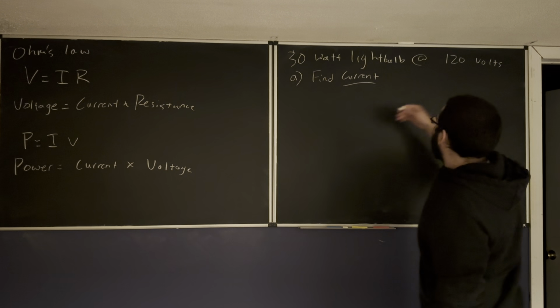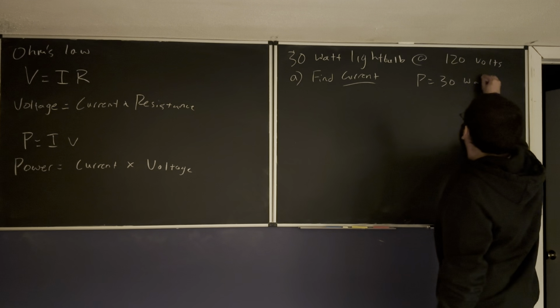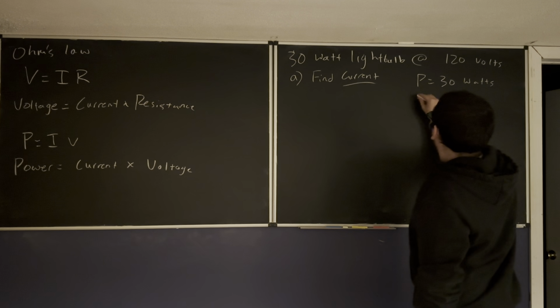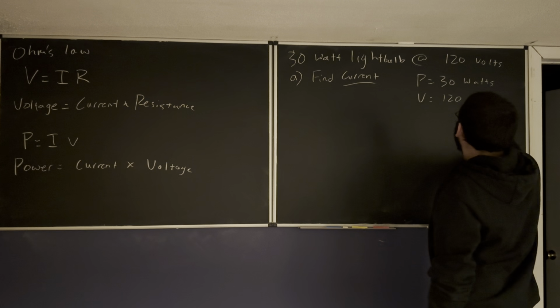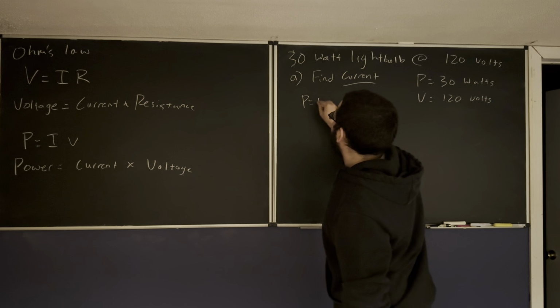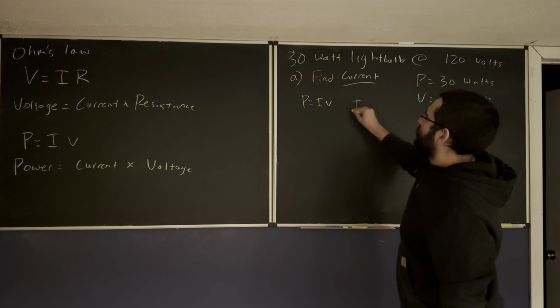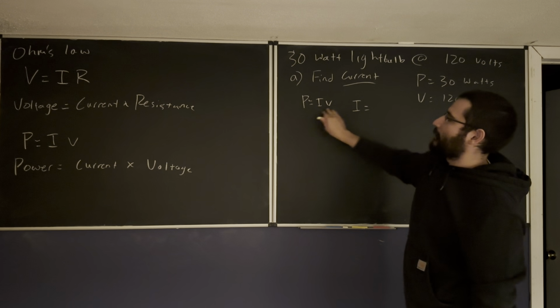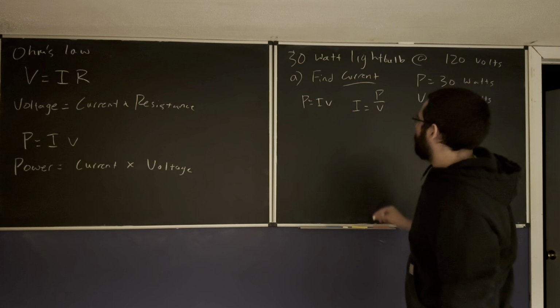So I know I have the power, right? My power is equal to 30 watts. Okay, I know that the voltage is equal to 120 volts, right? And so I just need to find the current. So if P is equal to I times V, I can rearrange this equation to solve for I. So if I divide both sides by V, I end up with I equals P divided by V, okay?